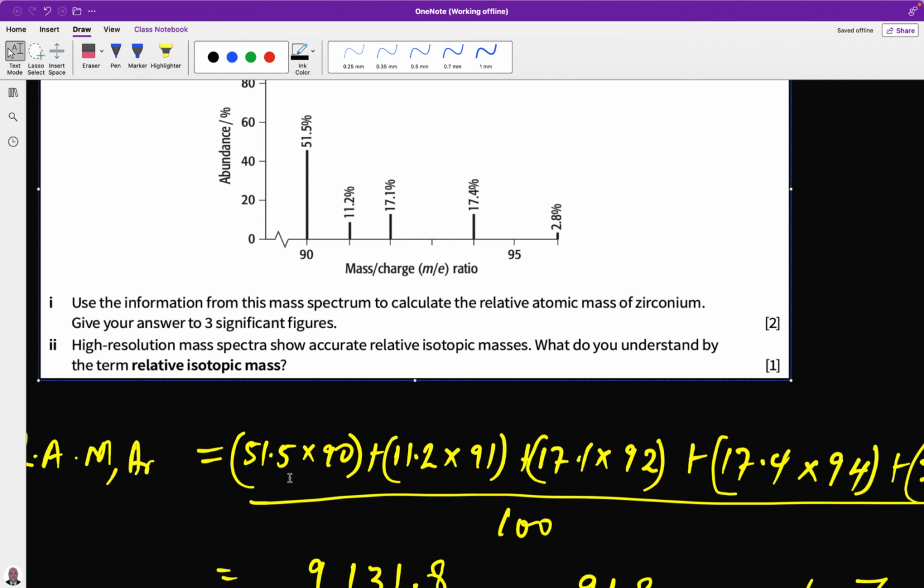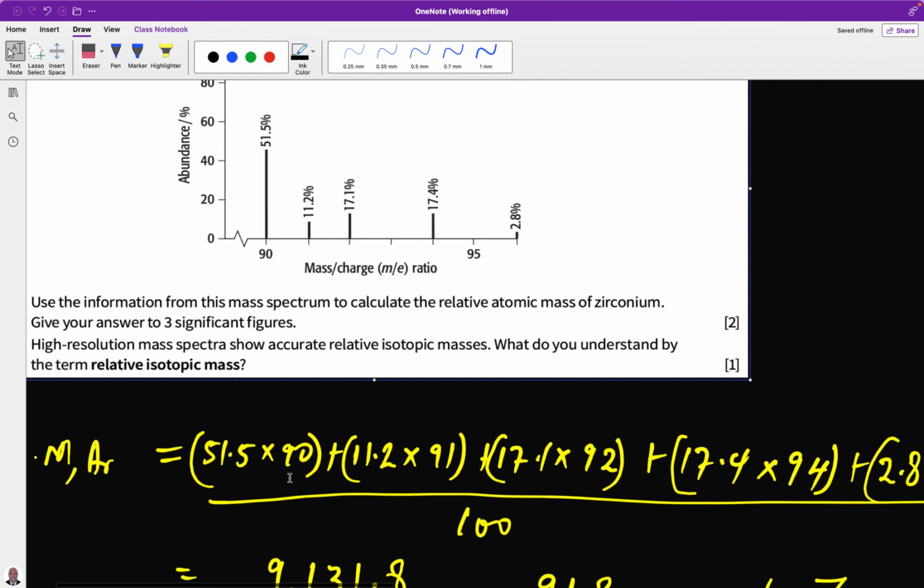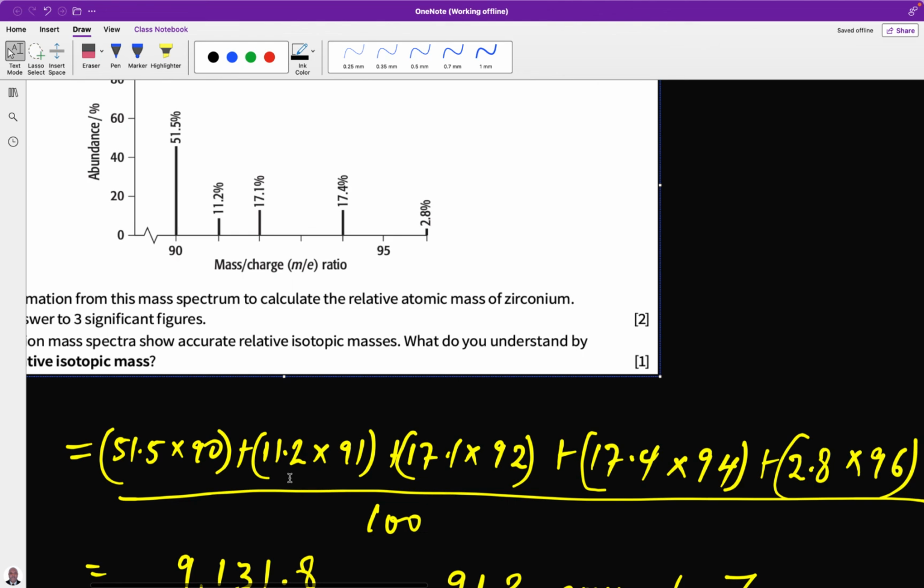Then the other one, which is 17.1 times 92. Then the other one, which is 17.4 times 94. Then the other one, which is 2.8 times 96.